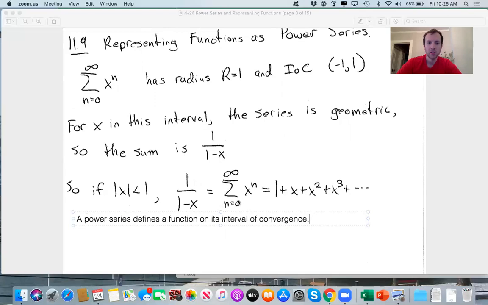So this sum from 0 to infinity of x to the n is what we'll call a power series representation of 1 over 1 minus x. Okay.